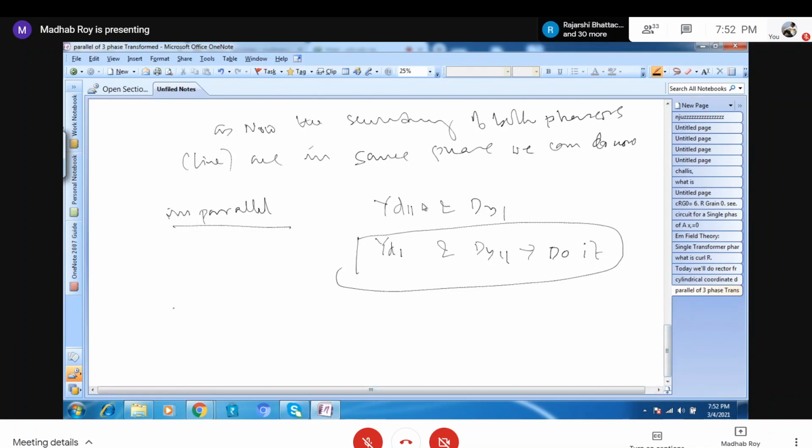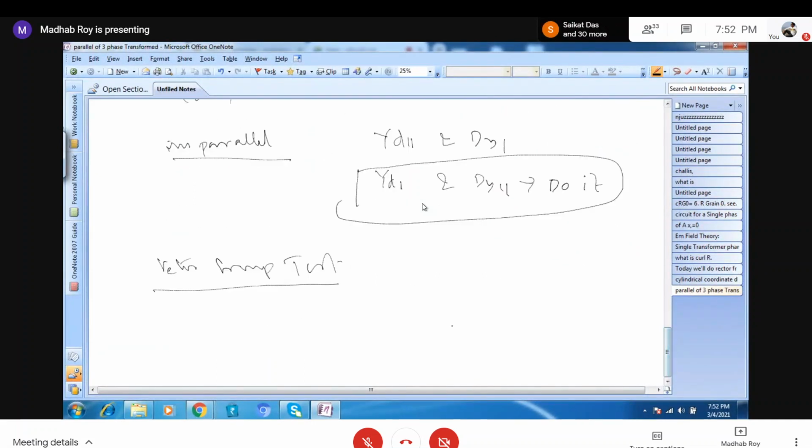So if we test the vector group of a transformer, vector group testing, the connection of the vector group test of the different transformer is different. So suppose we have to test the YY0. So how can you do this? That is very simple.